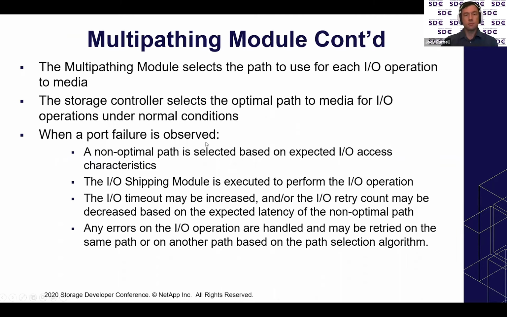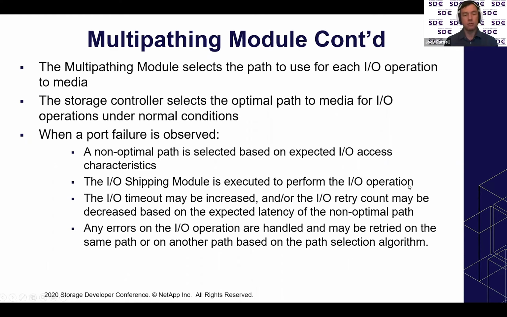And the optimal path is selected in normal conditions, but when a port failure is observed, that's when things get pretty interesting. So a non-optimal path will be selected based on the expected I/O access characteristics, and typically latency is the important one. And the I/O shipping module will then perform that I/O operation, as I already detailed.